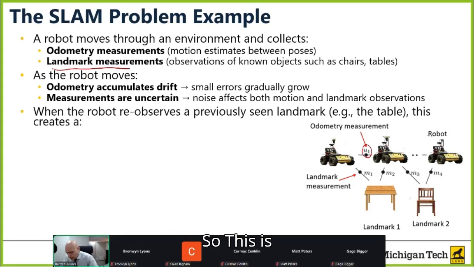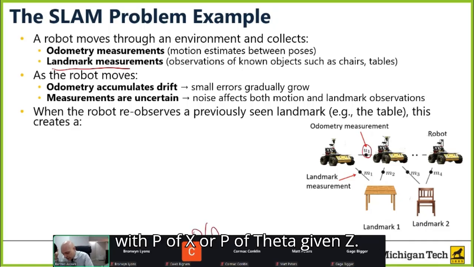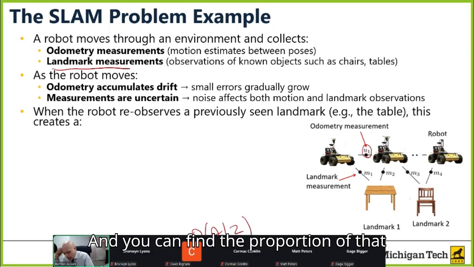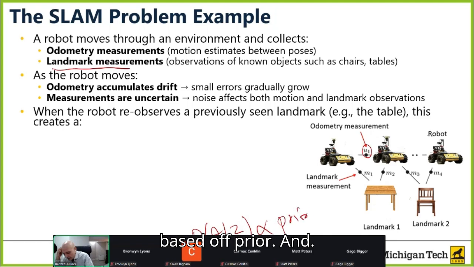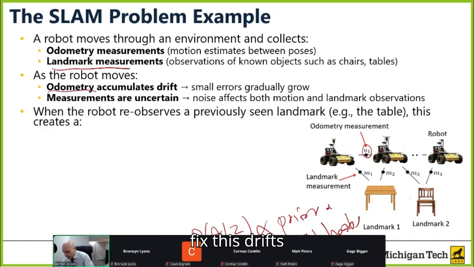So this is the time that we need to go for probabilistic models. We need to deal with P of X, or P of theta given Z, and you can find the proportion of that based on prior and likelihoods.